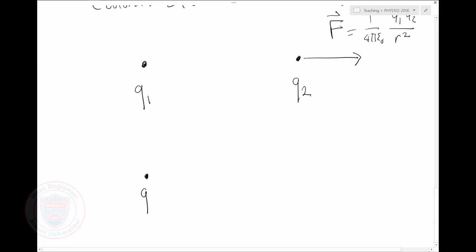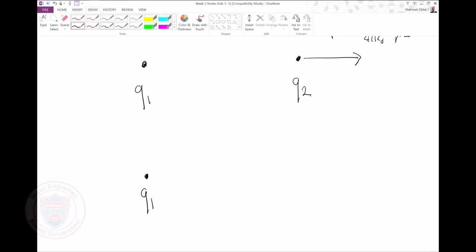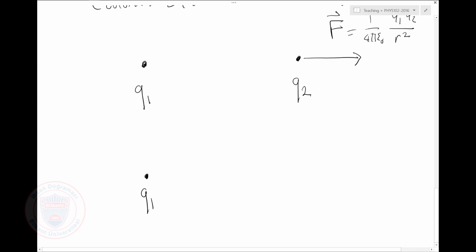And here, by defining the electric field, we're making a philosophical jump. I'm saying, here's Q1. Even if there is no Q2, it changes something in the vacuum.